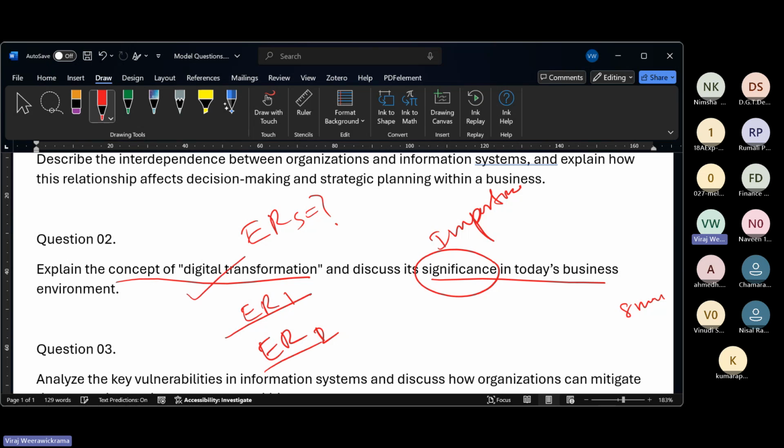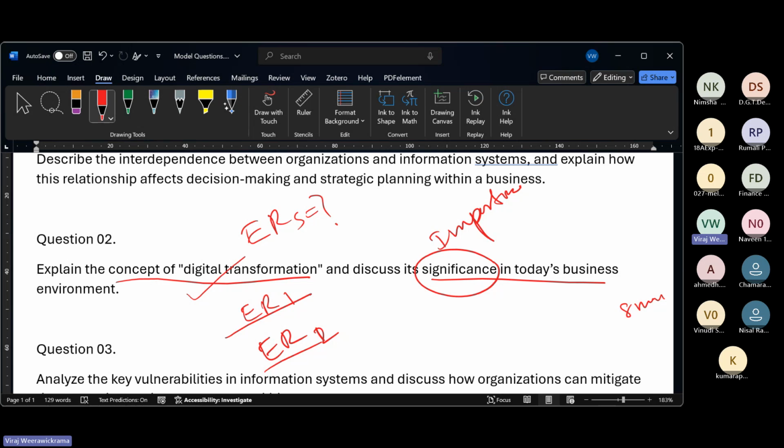You can explain what digital transformation is, then explain the importance of digital transformation in today's businesses. Transformation, in the sense, you know the digital part. Traditionally you have run the business in the traditional way.